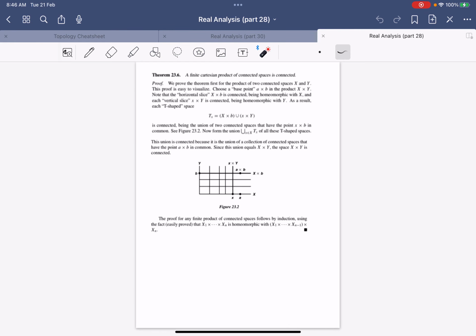So we just need to choose a base point A cross B over here, then we just take the horizontal line here. This is connected because it's homeomorphic to X. Then we take the vertical slice, and this is connected because it's homeomorphic to Y. And then we just take the union of these, so it becomes this T, and this will be a connected set.